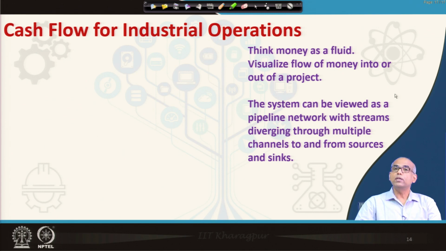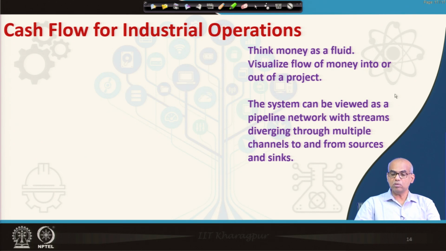Now, we will talk about a concept called cash flow for industrial operations. Think money as a fluid, then you can visualize flow of money into the project or out of a project.